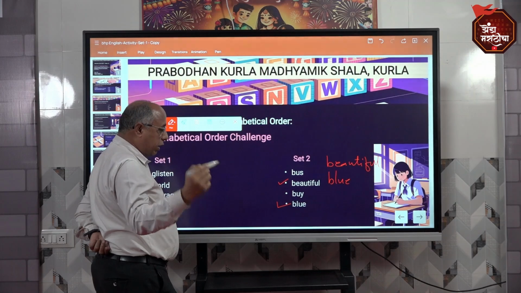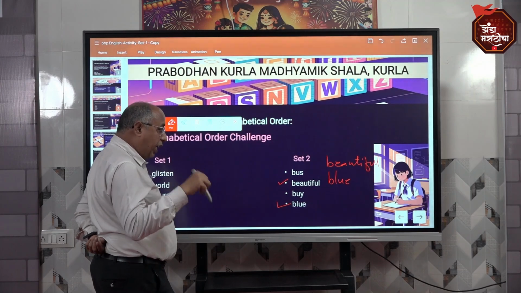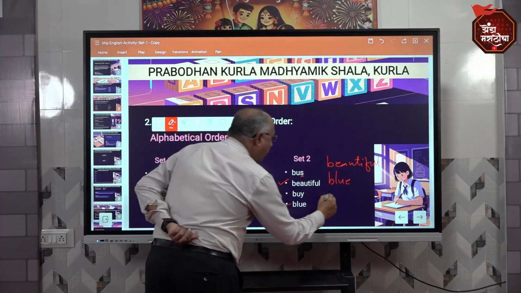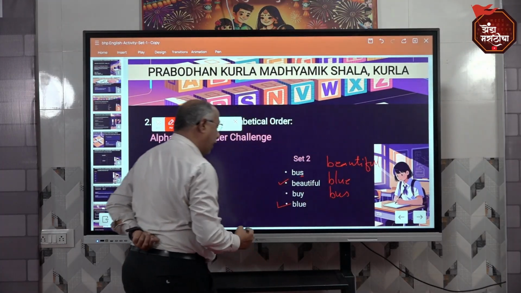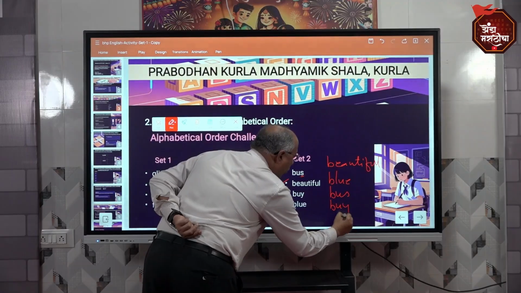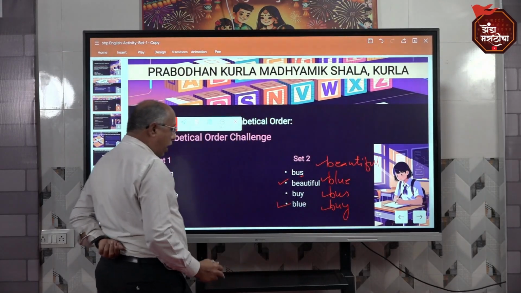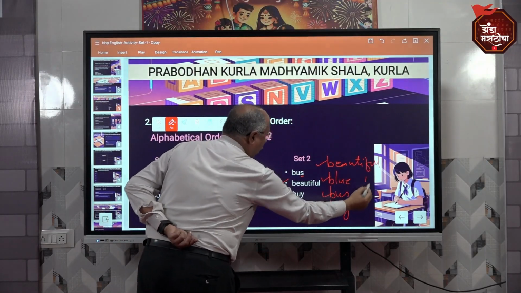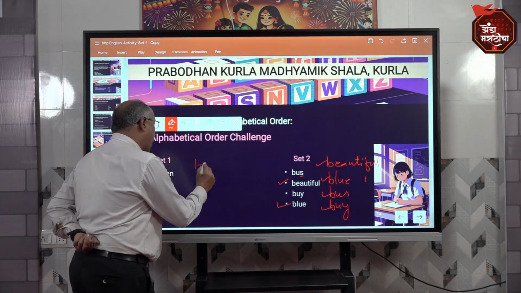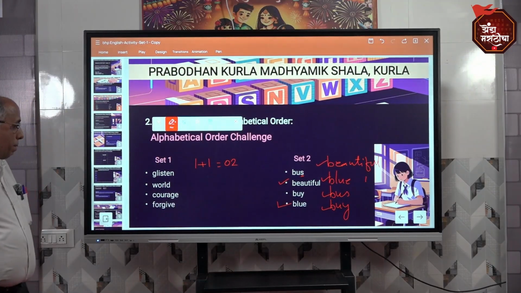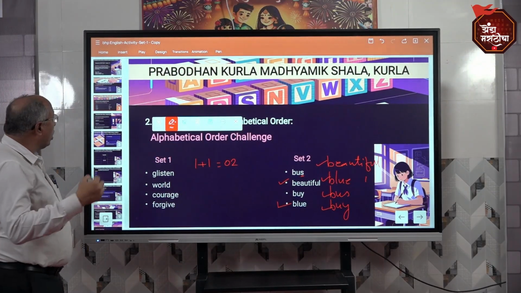So you will consider the third letter, S will be the third, and so BUS and then BUY. In this way, these are the four words in alphabetical order, and you will get 1 mark for that. And so 1 plus 1 is equal to 2 marks for this activity also. Right now, let us go to the third activity.